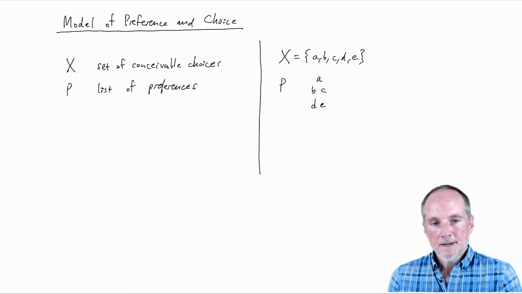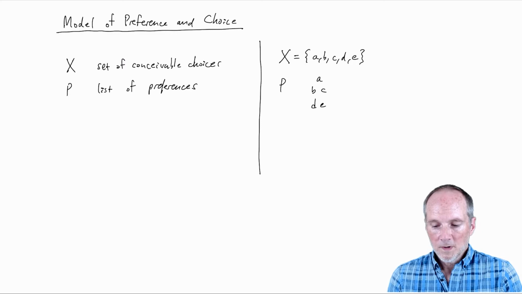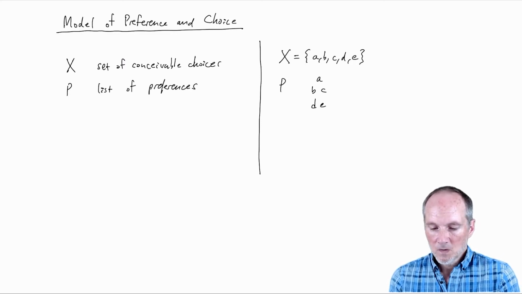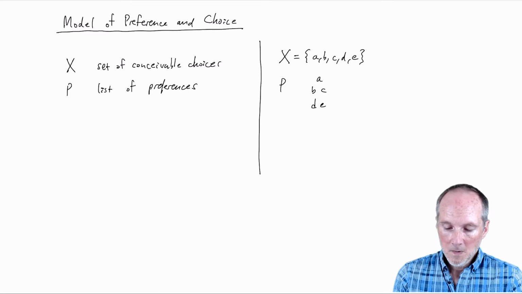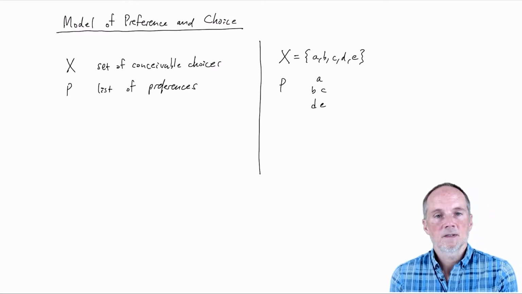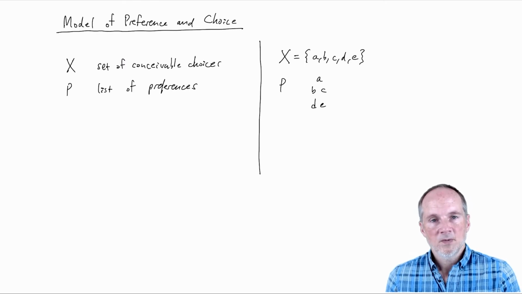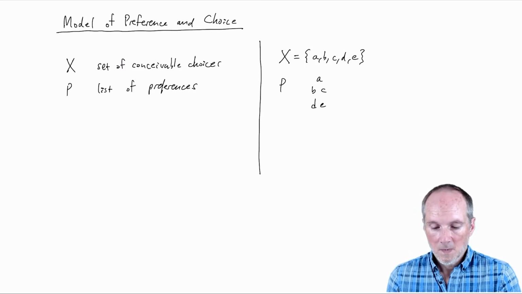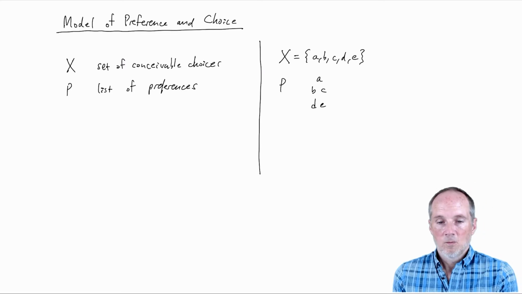Well, there's different ways to push this. One way of pushing it would be to suppose that not all conceivable choices are available to the decision maker. So what are the available alternatives?